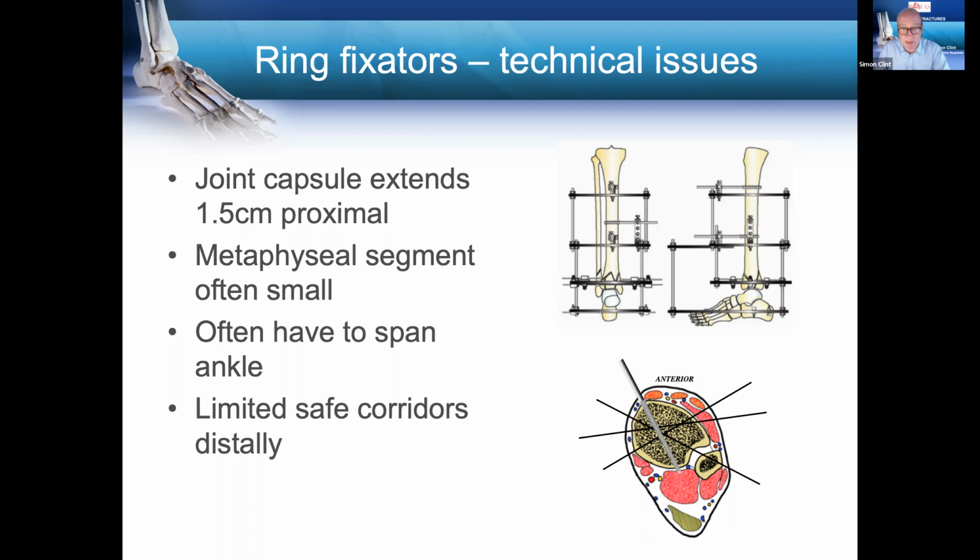Clearly, with most Pilons, you can't get 2 rings on, so you have to have a second ring down below, i.e. span the ankle. And unfortunately, because of the synovial extent of the joint, particularly in the fibular recess, it comes about 1.5 centimeters up from the joint in that syndesmosis.